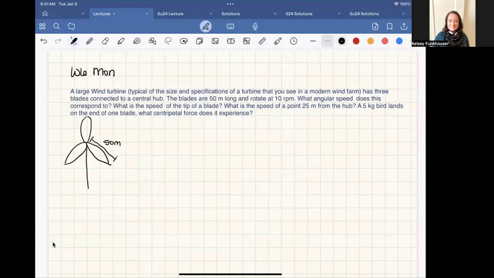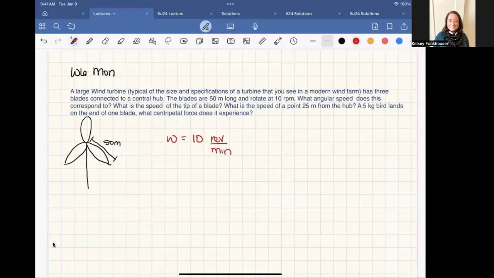Okay, cool. So, I've already drawn the turbine for you. And let's start with the angular velocity. So angular velocity is given here in revolutions per minute as 10 revolutions per minute.